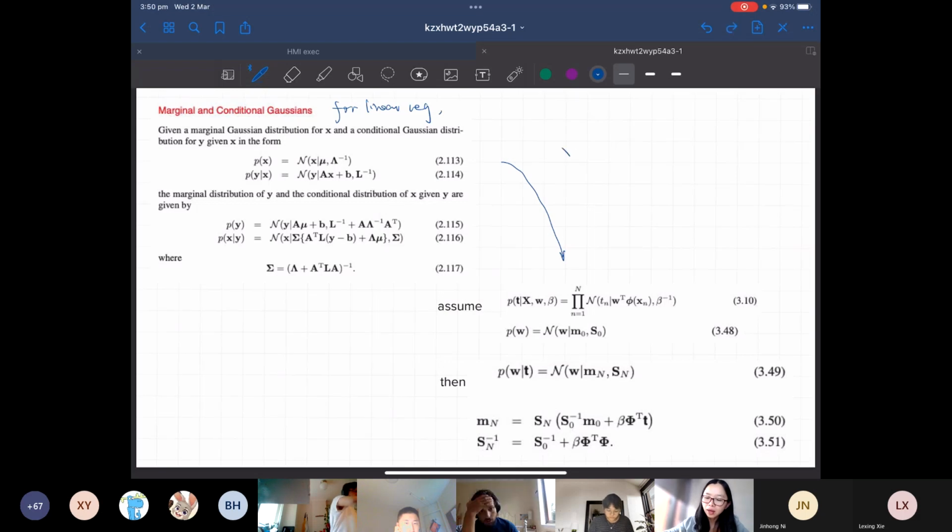X becomes W, right? Y is the target, becomes T. A becomes the data matrix phi. And this is implicitly m by m.